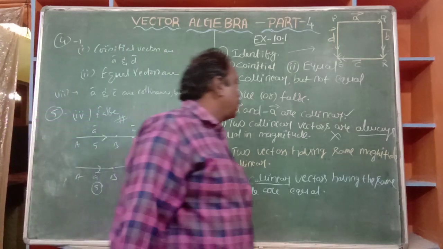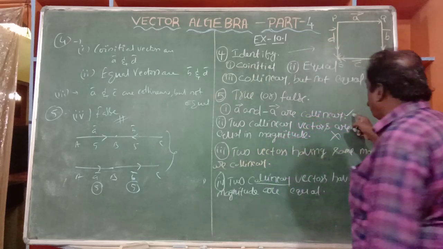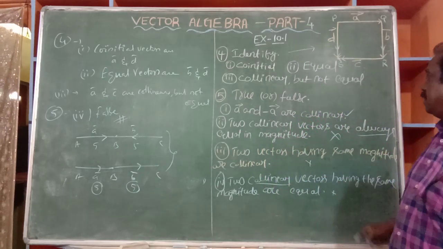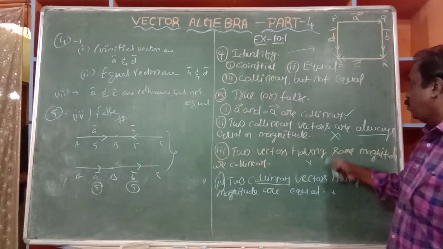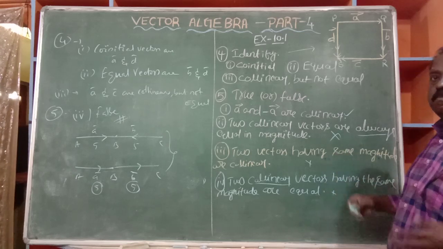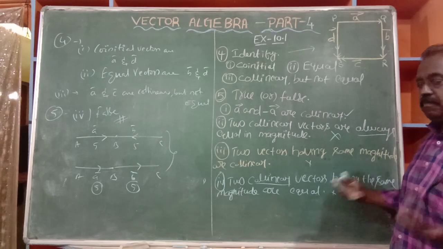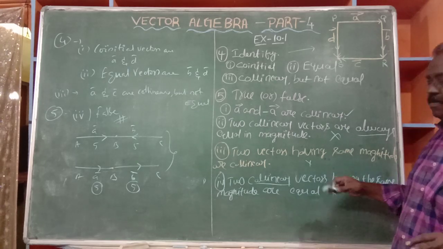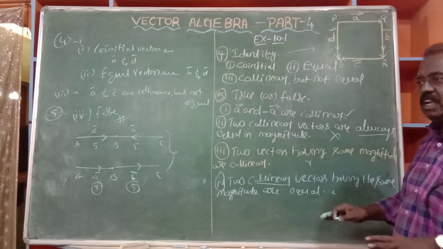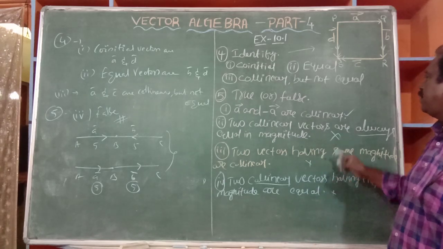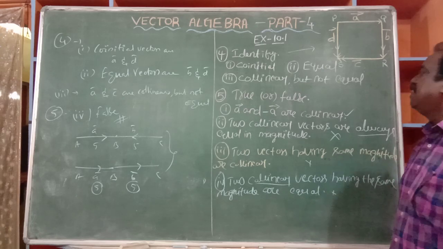You see, only the first one is true; the second, third and fourth are false. In these cases, sometimes it may, sometimes it may not, so totally the statement is wrong. Only the first one is correct.